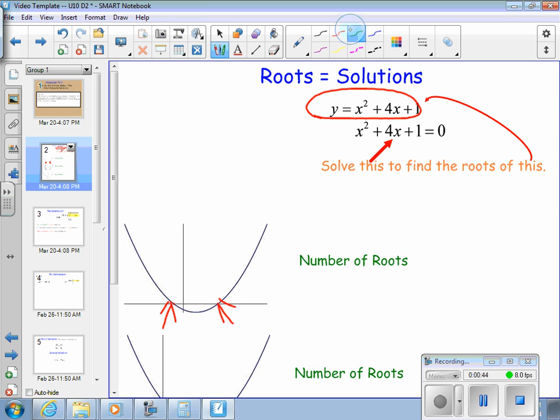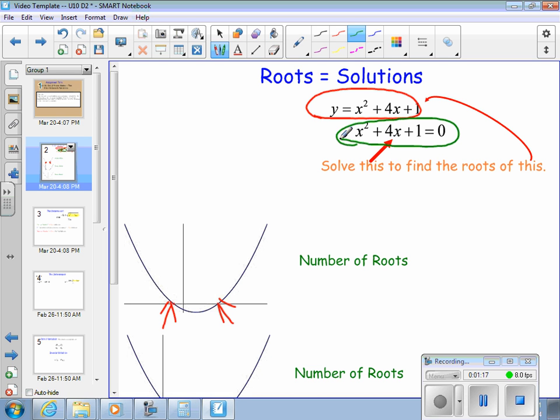Those are the same thing as the solutions we get when we have the same equation in this form, when instead of having it set equal to y, it's set equal to 0, because this is where y equals 0. When it crosses the x-axis, y equals 0. So if we replace the y with 0 and factor and solve, we get the roots of the equation. Those are the solutions that we got back when we were factoring and solving.